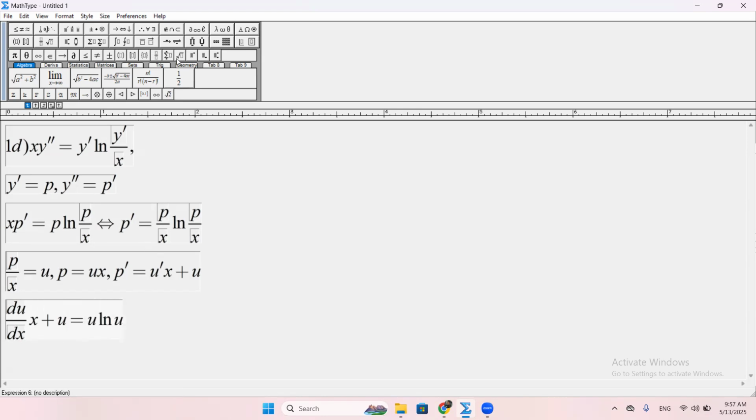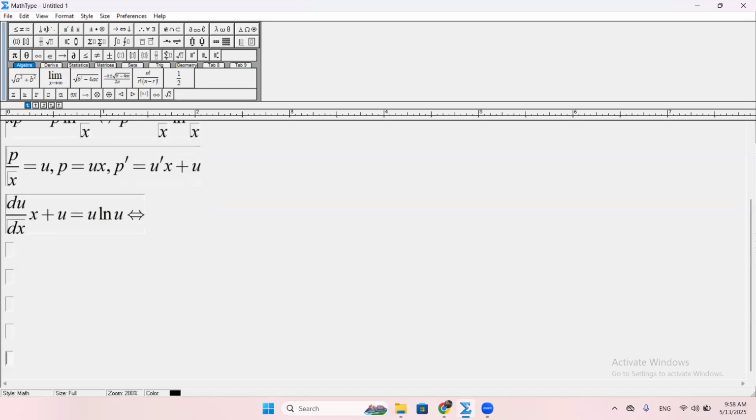So now we will separate variables and integrate this equation. du by dx multiplied by x equals this expression minus u.